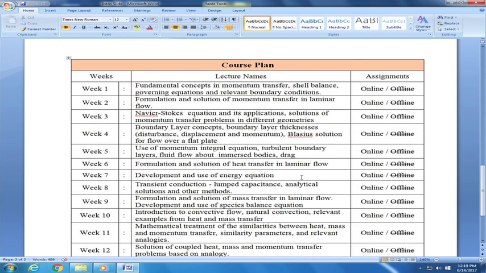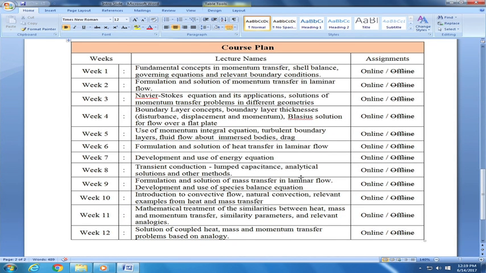So if I take a quick look at the course plan, in the first few weeks we go through the fundamentals of momentum transfer. We would formulate the equation of motion, the Navier-Stokes equation, we would see its applications, and then we will move into boundary layers, the thin layer adjacent to a solid boundary where heat, momentum or mass transfer is taking place.